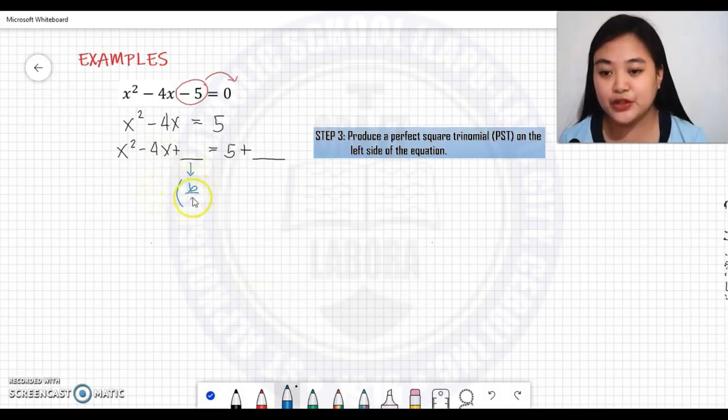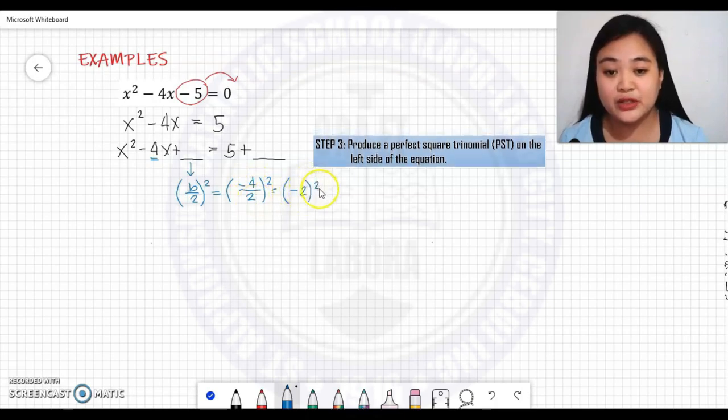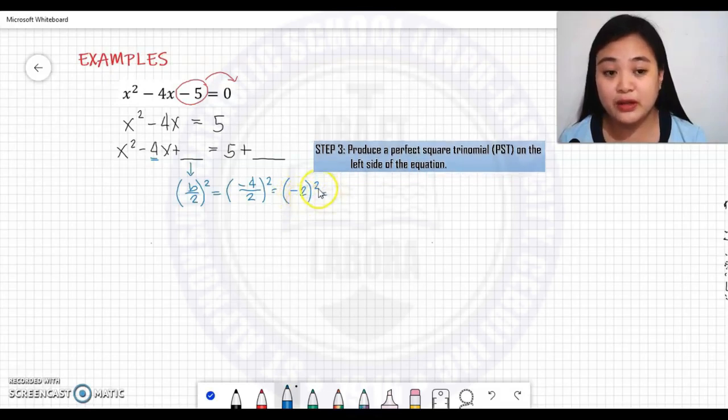b over 2 squared. So what is our b? Our b is negative 4. So it will become negative 4 over 2 squared. Negative 4 divided by 2 is negative 2, squared. So what is negative 2 squared?